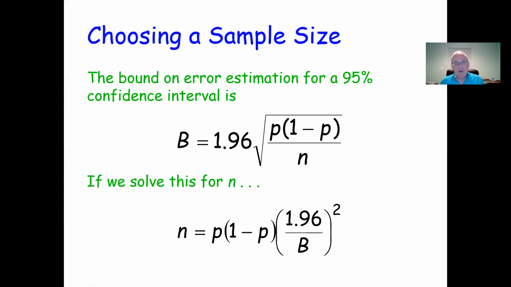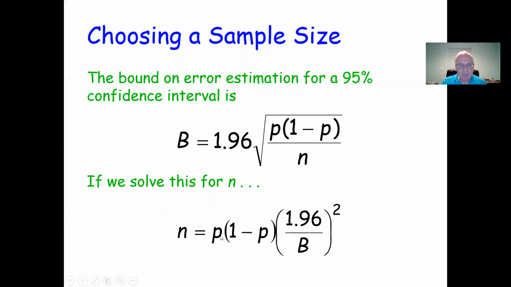And we end up with this formula: p times 1 minus p times the square of the ratio of 1.96 divided by E. Now, where did they come up with 1.96? That's the critical value for a 95% confidence interval. Obviously, if it was another level of confidence, we would have a different number right here.